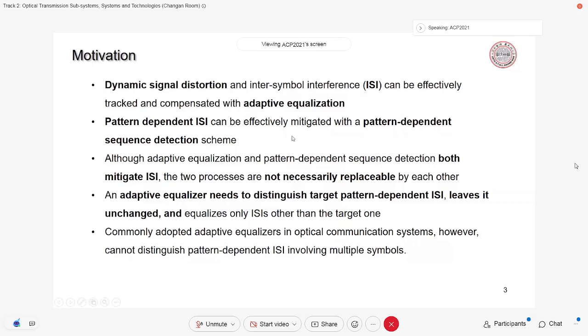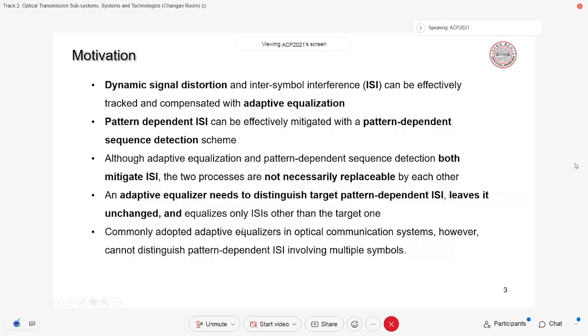Like I said, the adaptive equalizer was introduced to deal with the dynamic distortion, including dynamic ISI. And we did MLC to deal with the pattern-dependent ISI. And those 2 are not necessarily replaceable by each other when they face the entangled ISI problem.